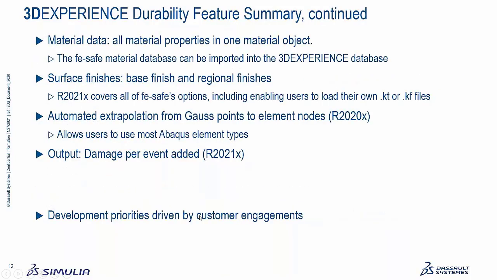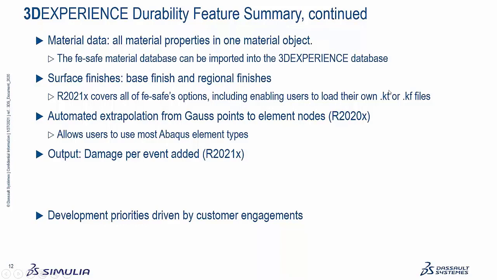I think I can skip some of this. So the material properties for durability in 3DX are in the same material as they are for the structural calculations or any thermal analysis you're doing in the mechanical scenario. We cover all of the surface finishes now. We had some limitations in earlier releases, but now we cover all of the FE-Safe ones.